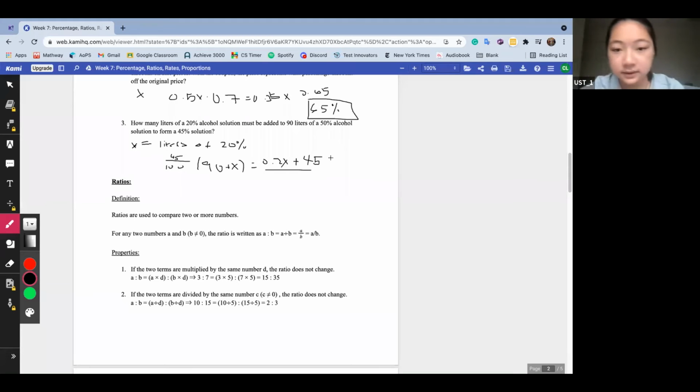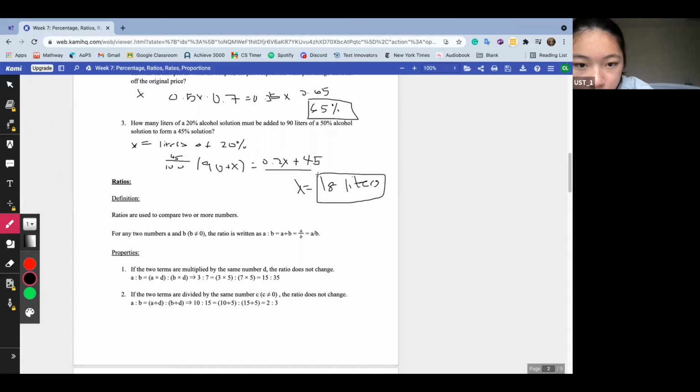Yeah, so the answer is 18. So when you solve it, you get x equals 18 liters. Wait, I'm still solving.